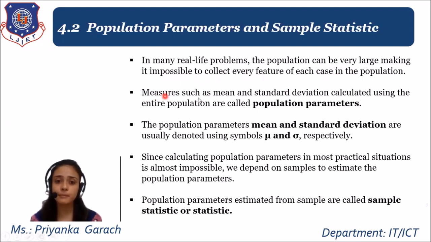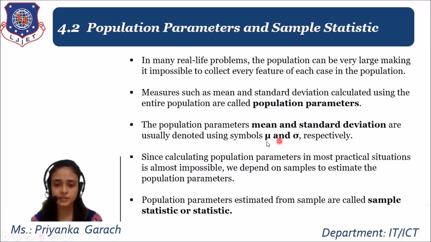So the measures such as the mean and the standard deviation calculated using the entire population are called population parameters. What are population parameters? The measures such as the mean or the standard deviation that we calculate by considering the entire population will be called population parameters.